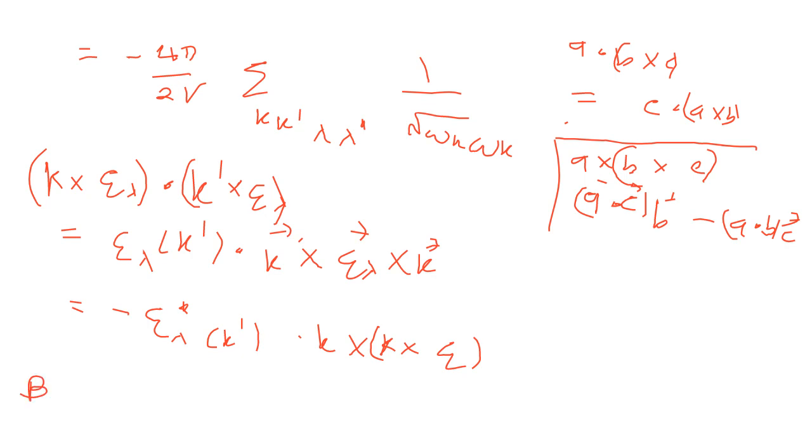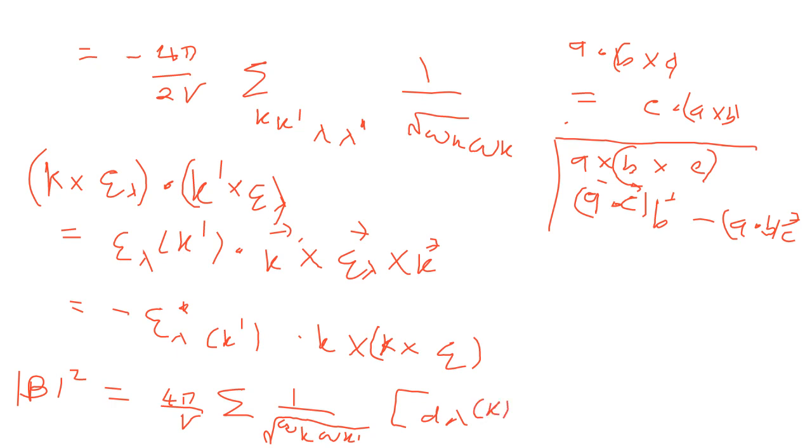You end up with B squared given by 4 pi over V, sum of 1 over square root omega k prime, a lambda of k, a lambda dagger of k, k dot k prime, epsilon lambda dot epsilon lambda, and again this delta lambda lambda prime.